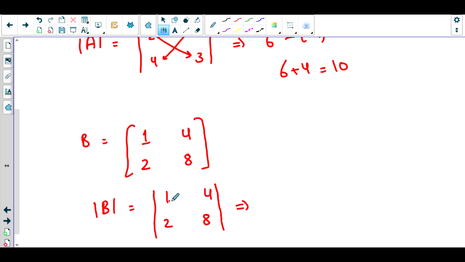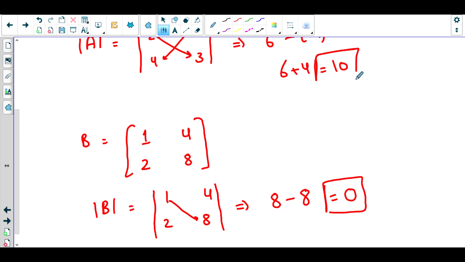Now let's multiply the diagonals. 1 8s are 8, minus 2 4s are 8. So 8 minus 8 is 0. In this case the determinant is 0. So we solved two examples. In one example the determinant was 10, and the second example determinant is 0.